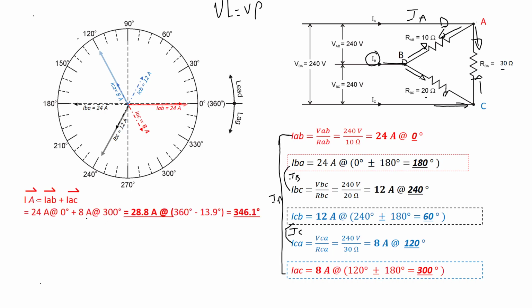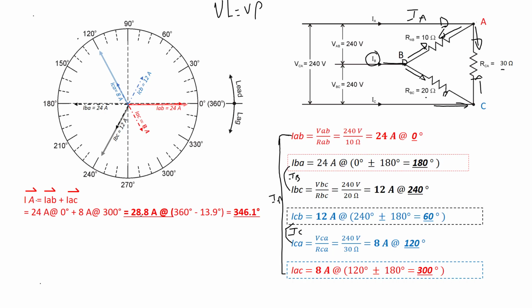Our formula for unbalanced, well, it works for both balanced and unbalanced, but we have to use it in unbalanced circuits, is IA is equal to phase current IAB plus phase current IAC. So IAB is 24 amps at 0 degrees plus IAC, 8 amps at 300 degrees.